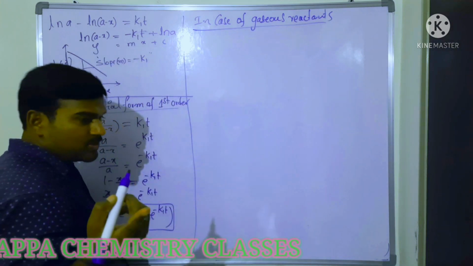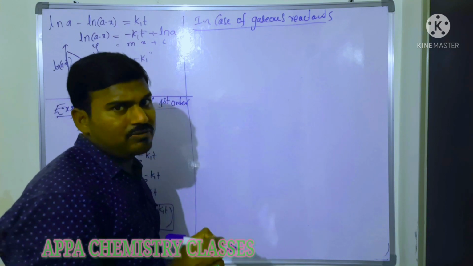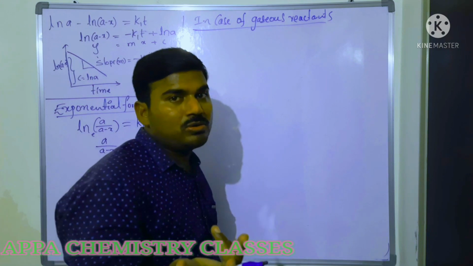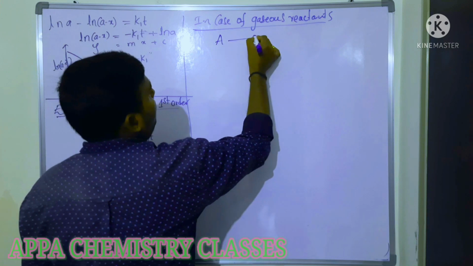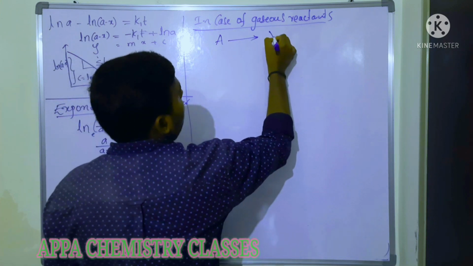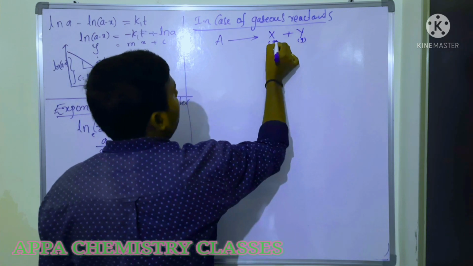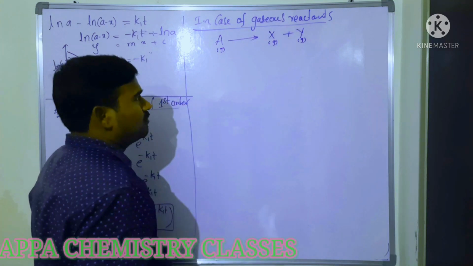In case of first order, the first example we had taken was the decomposition of nitrogen pentoxide. It decomposes and gives out two gases. When a gas undergoes decomposition we get X plus Y, two gases. So one compound is split into two more compounds.